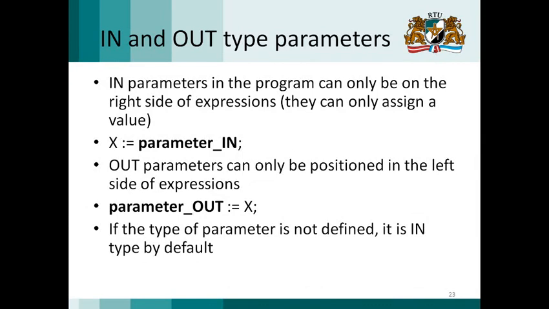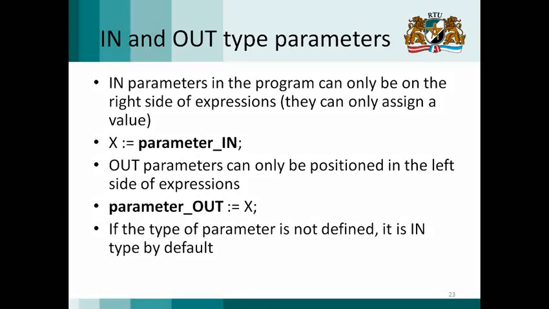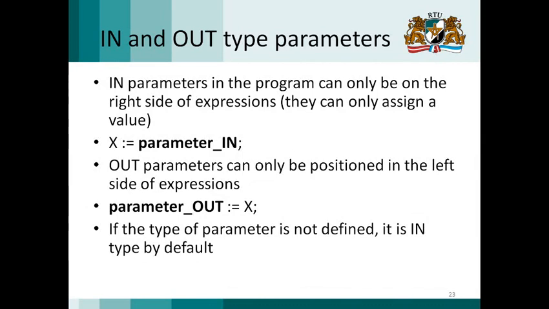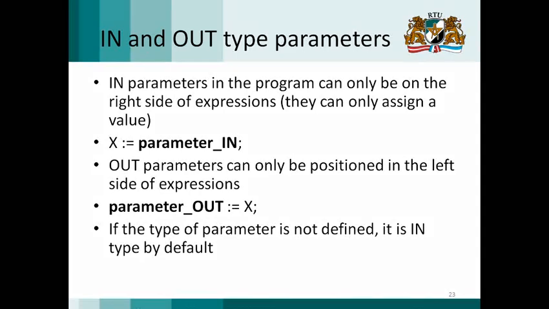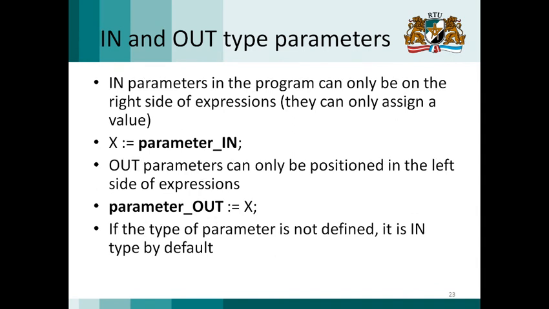So they will change in the higher scope also, not only in this procedure scope. And if the type of these parameters is not defined, it is in type by default. So usually we can exclude this writing if we just want to define parameters that we use for assigning some values to the procedure's variables and so on.